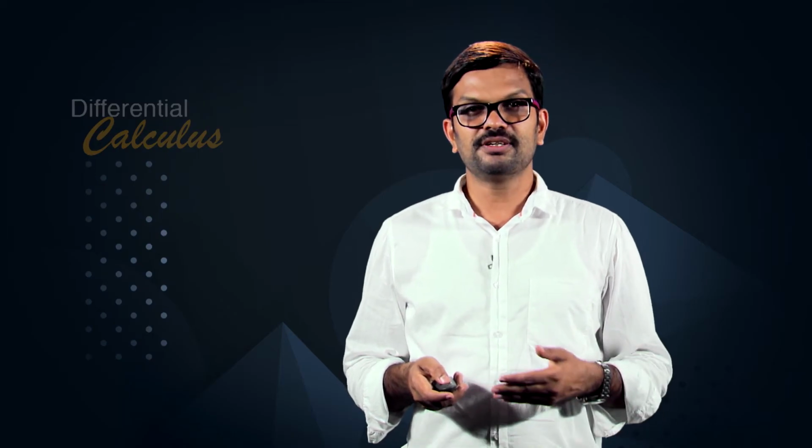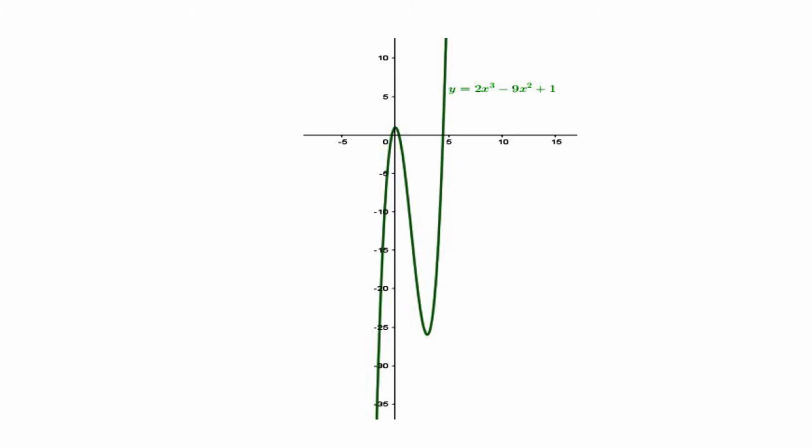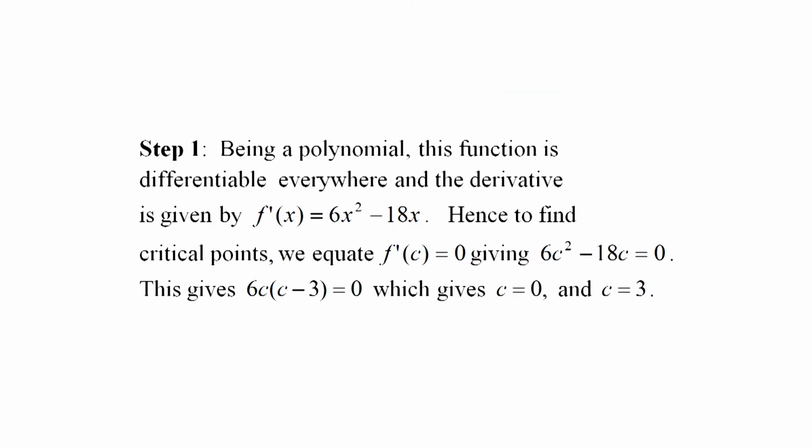As an example, consider f(x) equal to 2x cube minus 9x square plus 1 on the closed interval [minus 1, 2]. Step 1. Being a polynomial, this function is differentiable everywhere and the derivative is given by f dash of x equal to 6x square minus 18x.